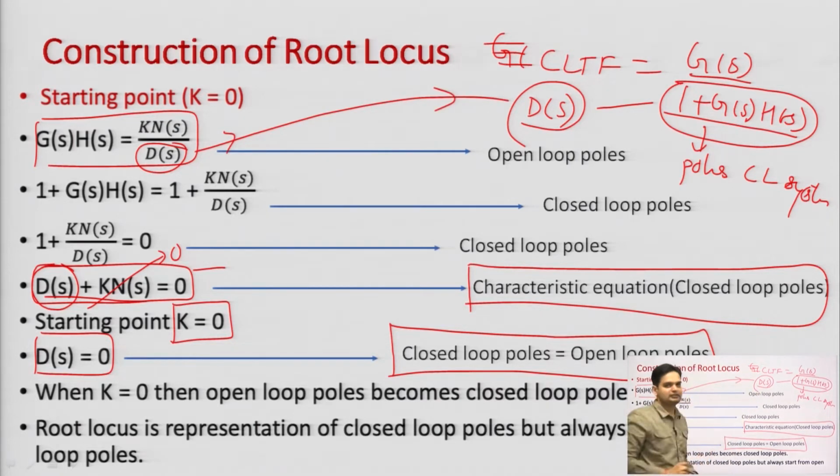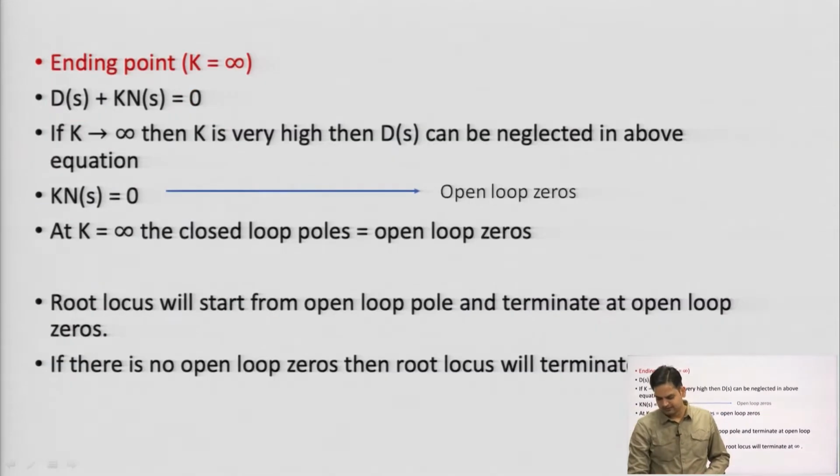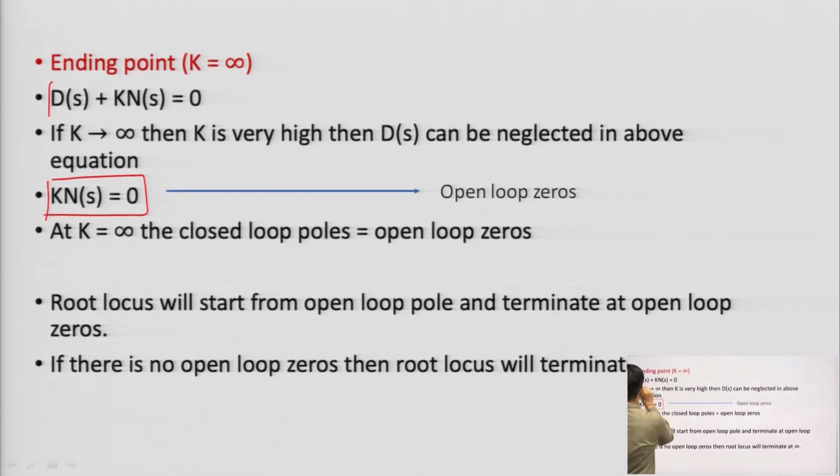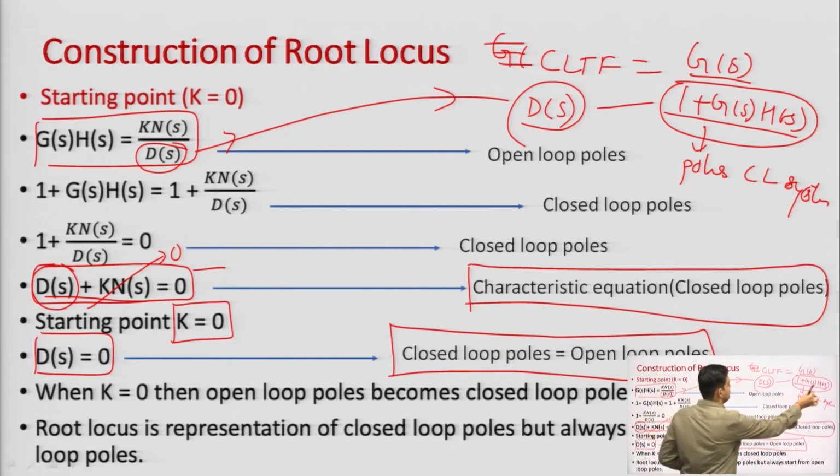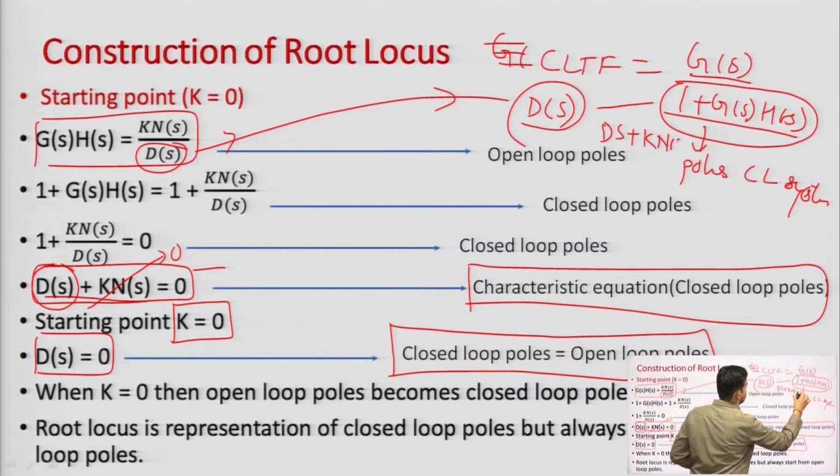So, this is the condition whenever my K is equal to 0, and when I put K equal to infinity, I am getting K N(s) equal to 0. This term is present in the denominator of the closed loop transfer function, right. So, 1 plus G(s)H(s) is D(s) plus K N(s). Whenever my K is infinity, the D(s) term will be neglected and only the K N(s) term will remain, and we put the K N(s) term equal to 0.